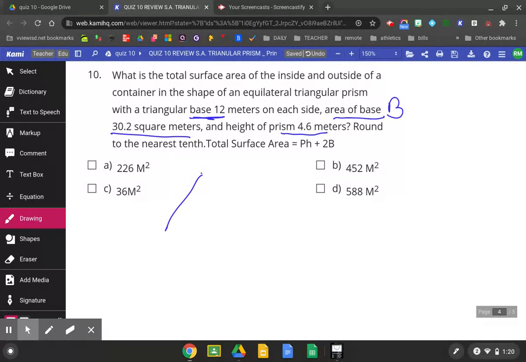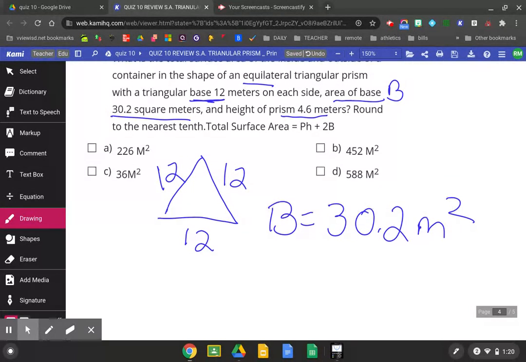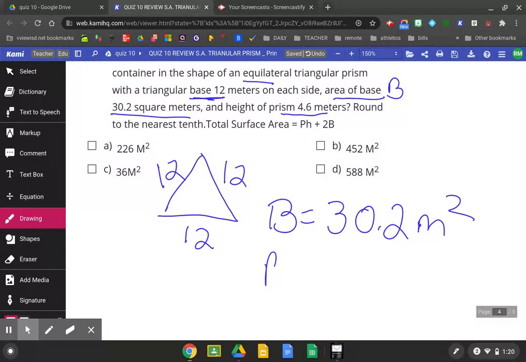Let's draw the triangle. The base is 12, and it's equilateral, so that means all of them are 12. Then they told you that the big B is 30.2 square meters, so you don't have to worry about big B. And then the prism height is 4.6 meters. This is all you need.